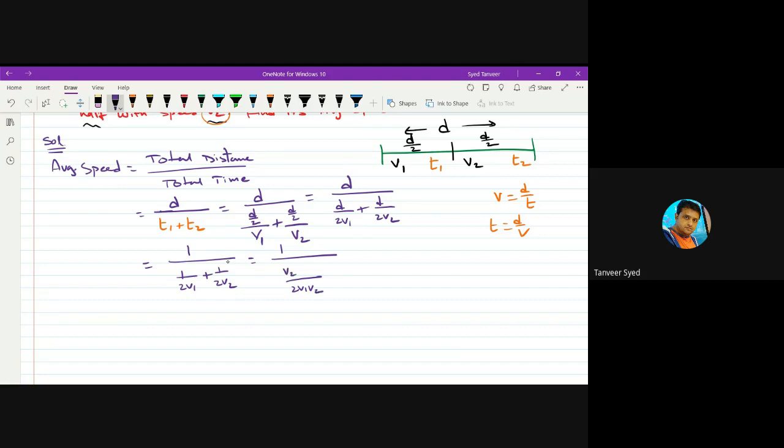Here you get v2 plus v1, which goes up as 2 v1 v2 by v1 plus v2. So average speed is 2 v1 v2 by v1 plus v2. This is the answer.